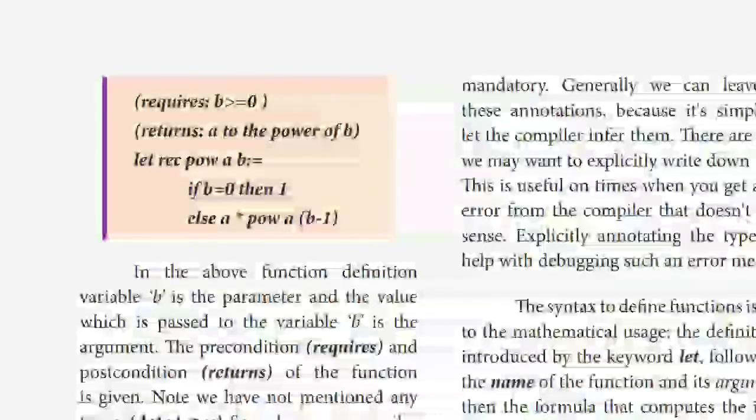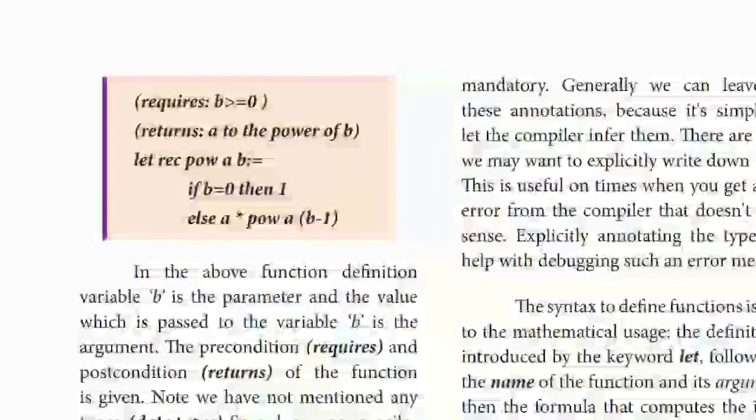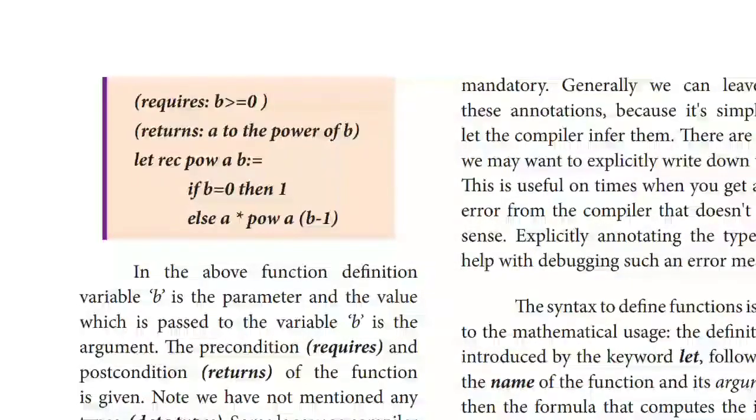So here they are going to create a function. So requires b greater than or equal to 0. So return a to the power of b. Okay, let's say rec power a comma b.